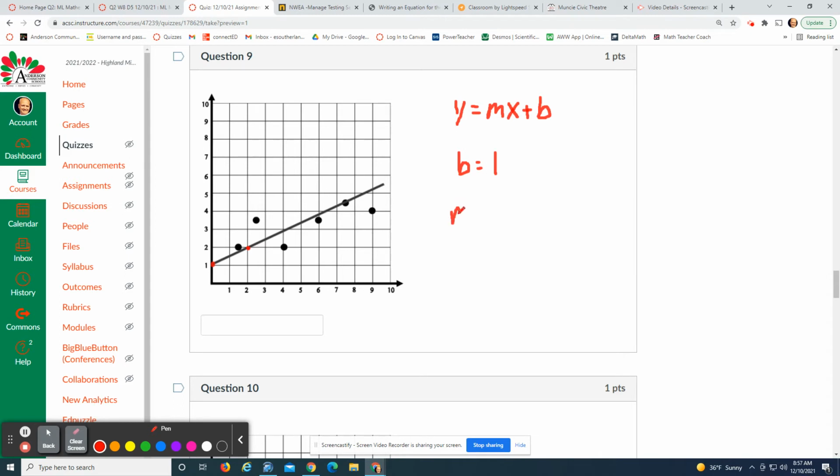What is the rise for this one? What's the rise from here to here? Up 1 and over 2.